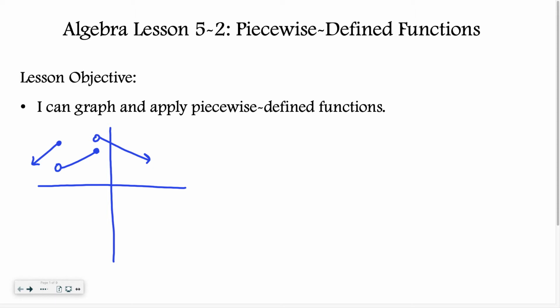Okay? One thing to note about piecewise defined functions, notice that when I drew that, I had one open circle, and then below it I had one closed circle, and then below it I had an open circle. So that way, remember we talked a couple chapters ago about the vertical line test.